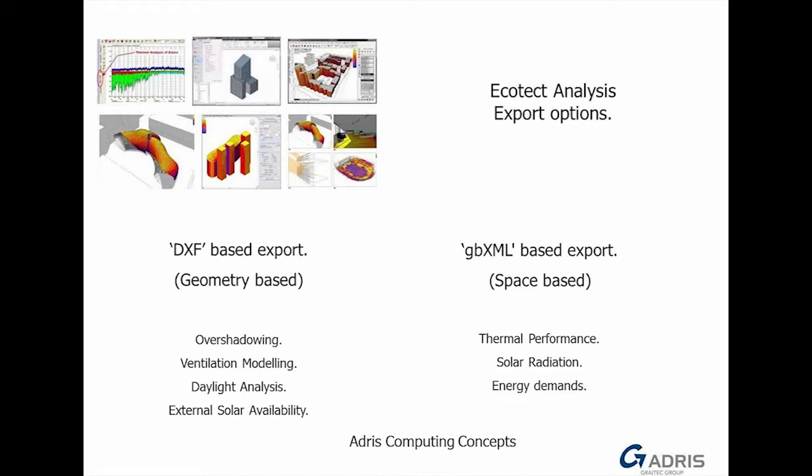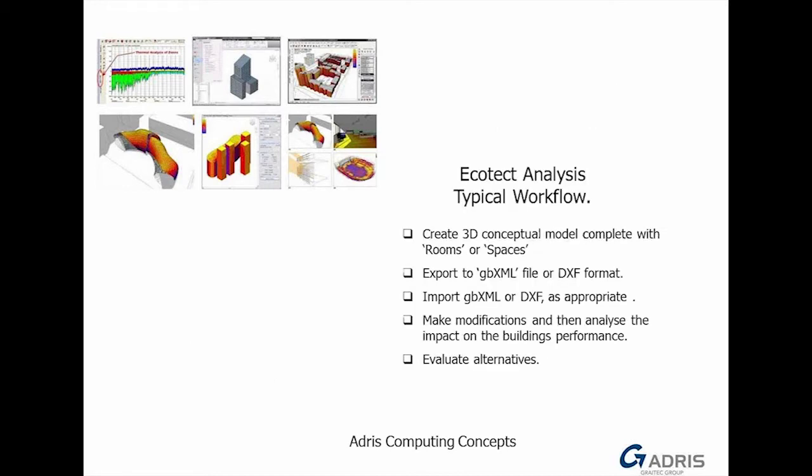So what determines which export you create from your BIM solution, Revit for example, whether it's a DXF or a GBXML, will be based upon the type of analysis that you wish to perform. The typical workflow within Ecotect would be you'd create your 3D conceptual model.